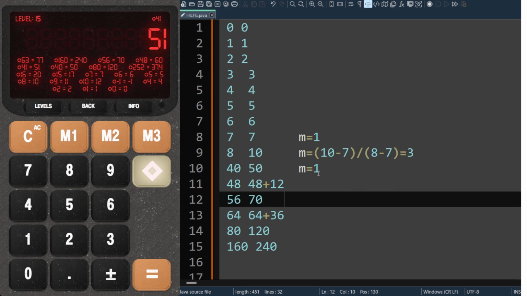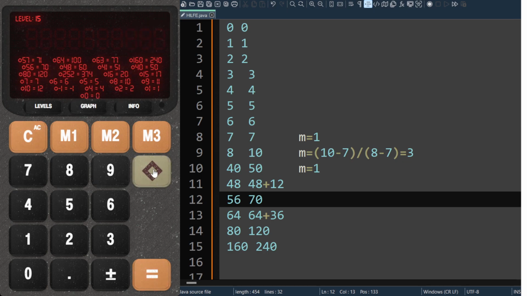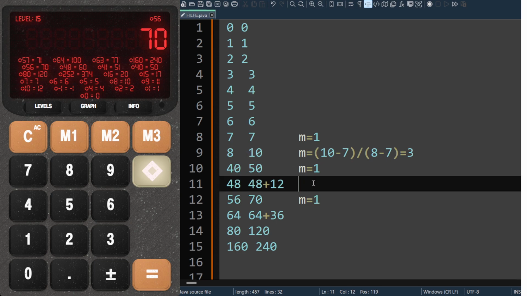What about 56 and 57? 56 was 70 and 57 was 71. So we still have m equals 1. Right here too, so nothing too unusual.